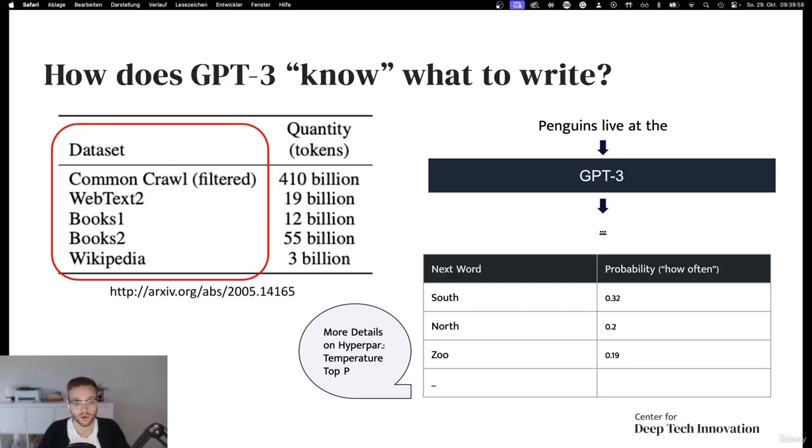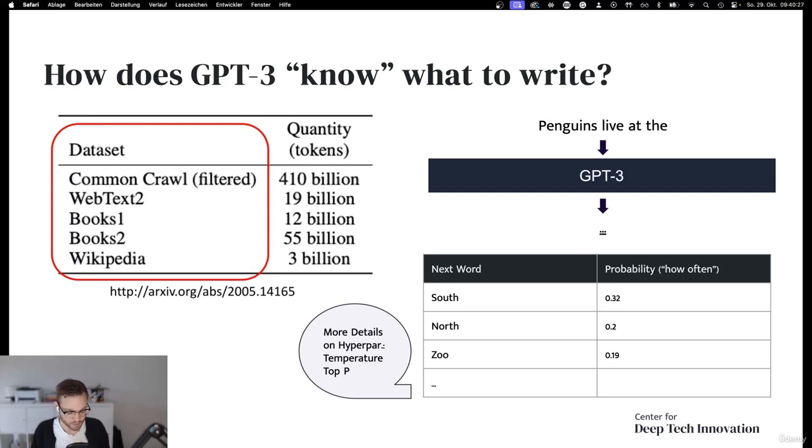They took, for example, articles from Wikipedia with over 3 billion tokens, so 3 billion words more or less, books with over 60 billion words, and the largest portion is text crawled from the internet, filtered, with over 400 billion tokens. So that's why it's called a large language model, because there's a large amount of data that it was trained on to predict things.